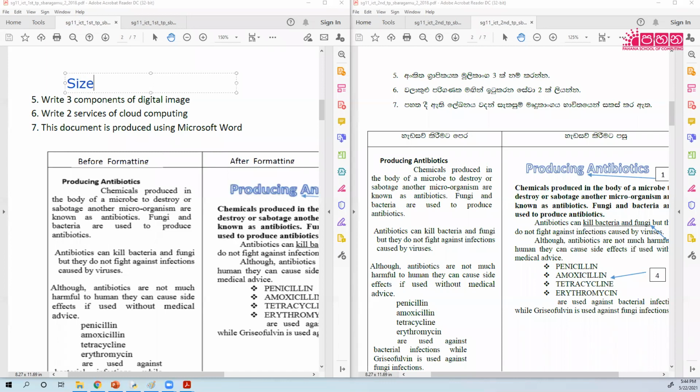So the size of the image, we call it pramane, size of the image. Then pixels, we will discuss this.